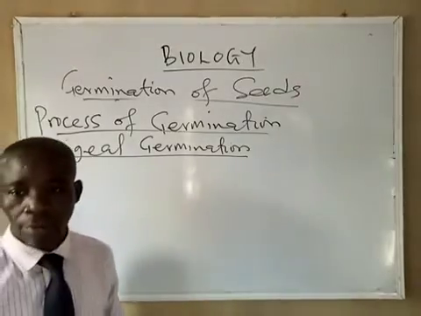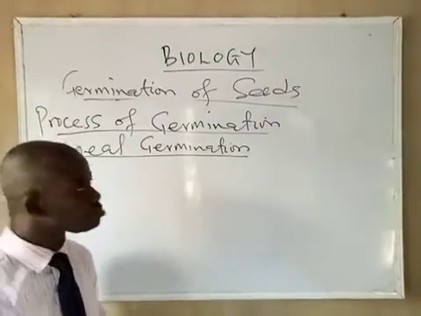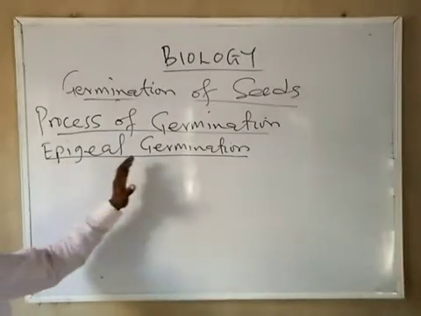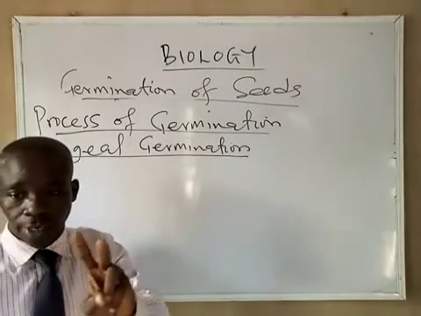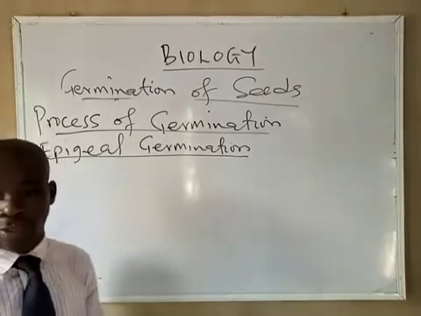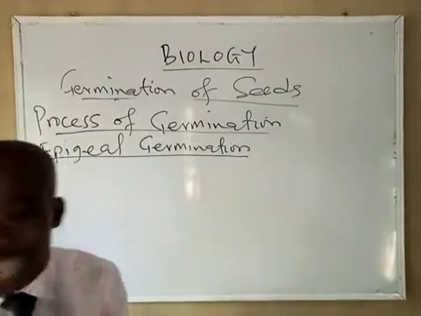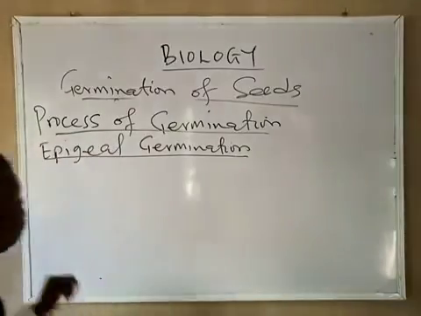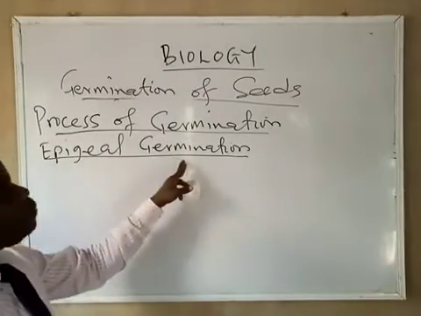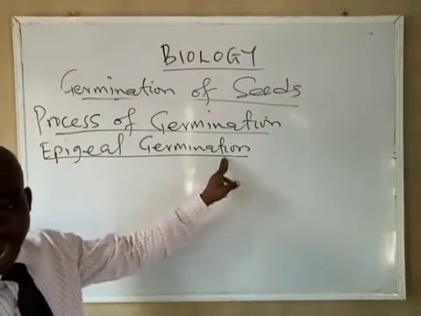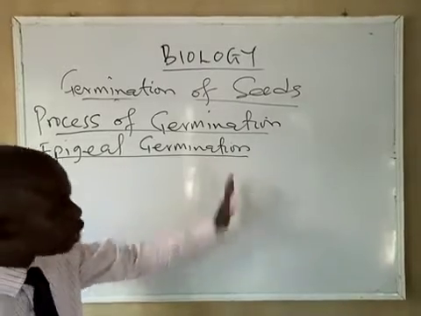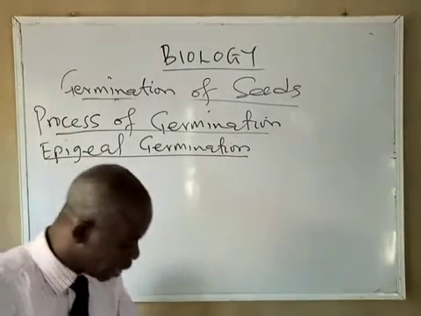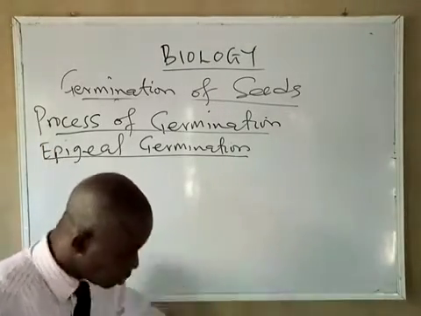That is why we have categorized the process of germination into 2, and we name it types of germination. So for the process of epigynous germination, we want to make a simple illustration of that process.